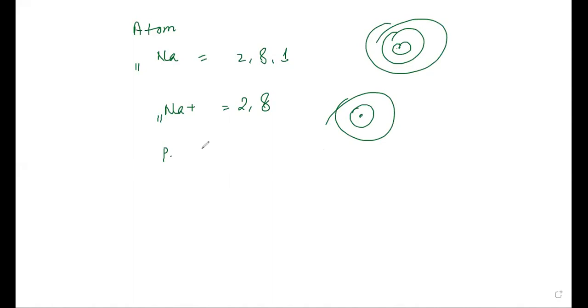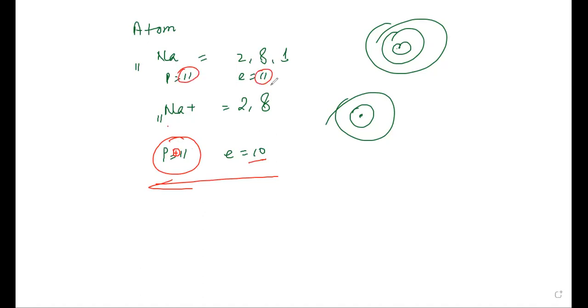Proton is the positive charge in the center, so with more positive charge and fewer electrons, it pulls very strongly. But with 11 electrons and 11 protons, it will not attract that much.